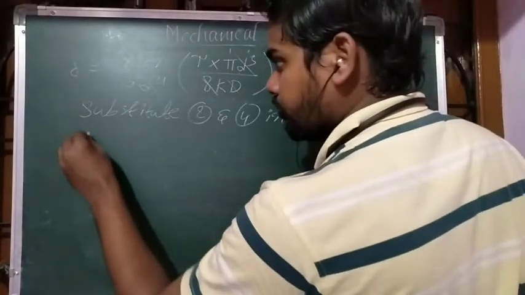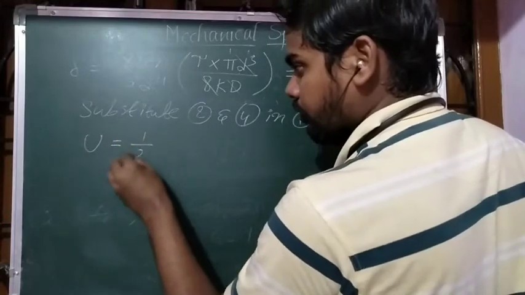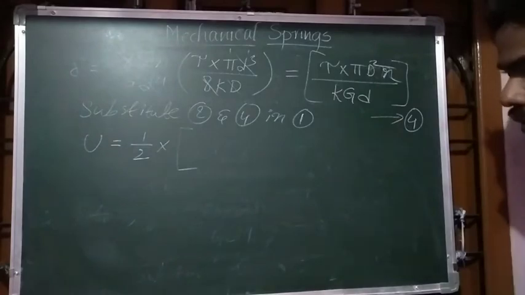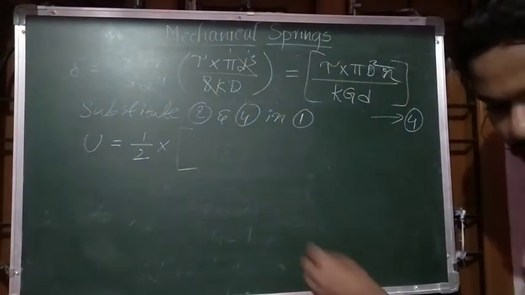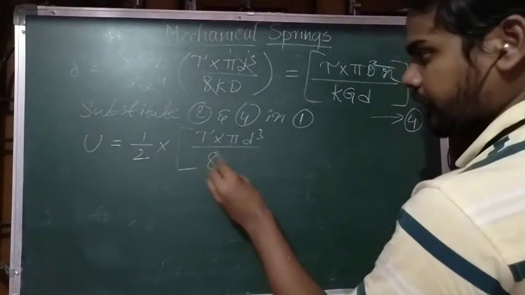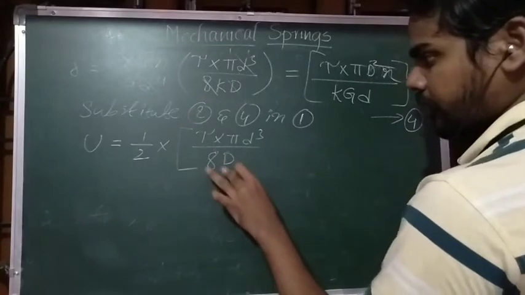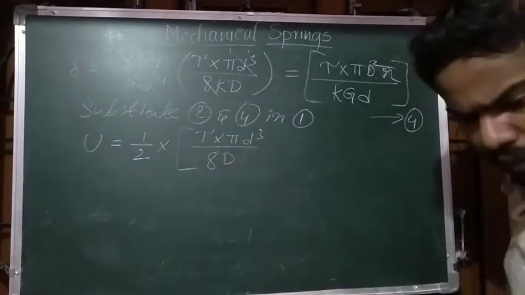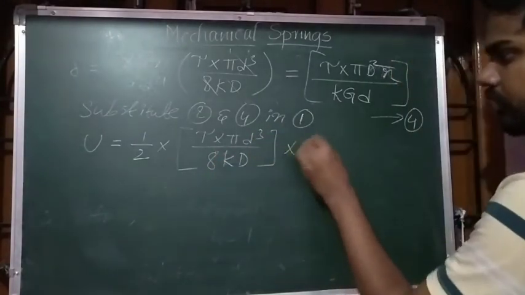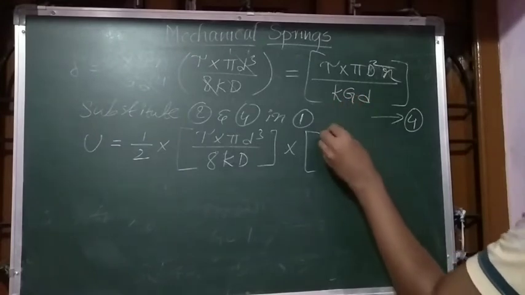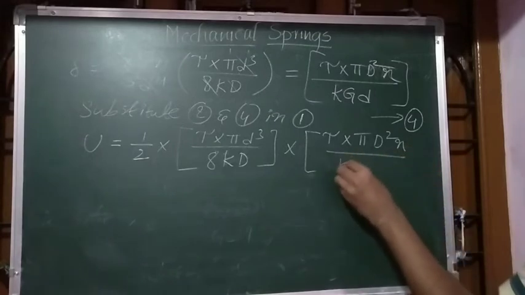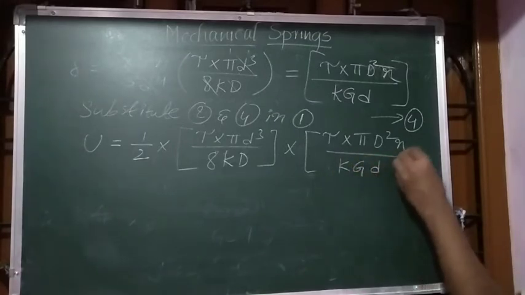Then U is equal to half into W, which is tau pi d cube by 8kD, into delta, which is tau pi d square n by k G d.